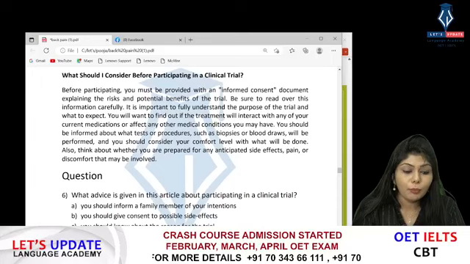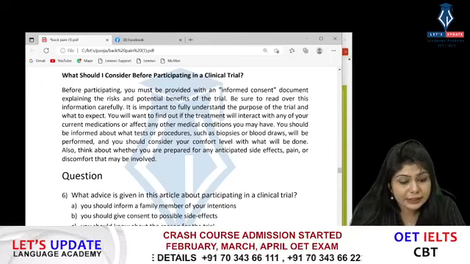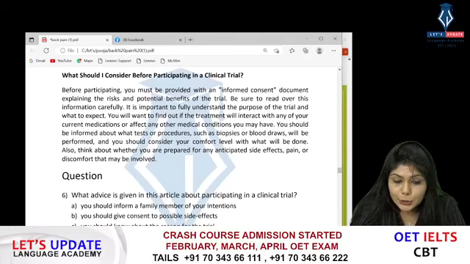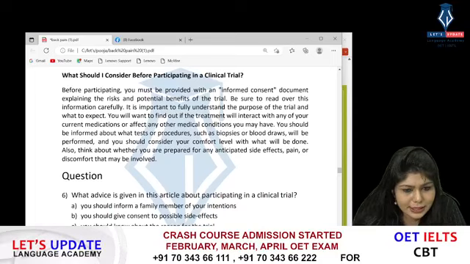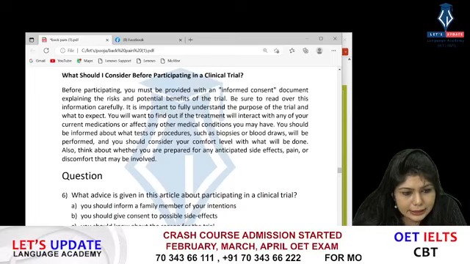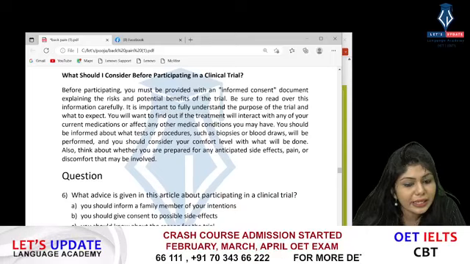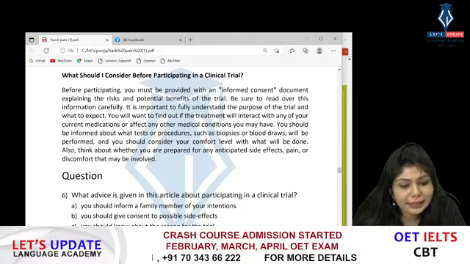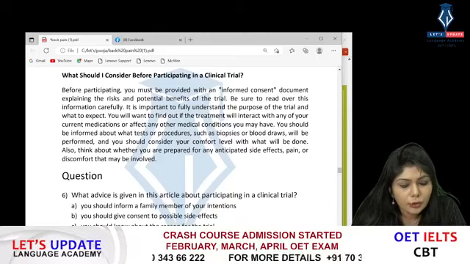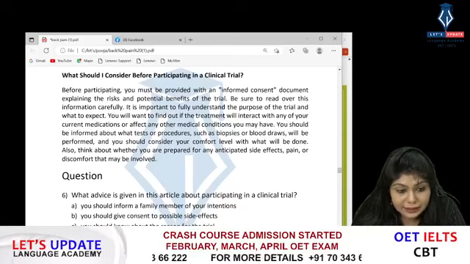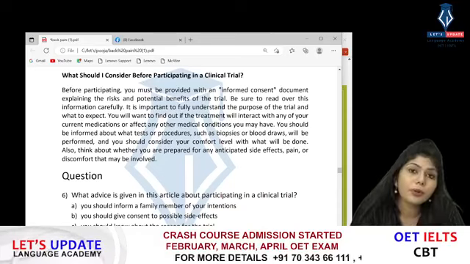Moving to option B, you should give consent to possible side effects. Regarding side effects, they have mentioned something: you will want to find out if the treatment will interact with any of your current medications or affect any other medical conditions you may have. That means you want to know the side effects, but they have not mentioned that you need to give consent to possible side effects.